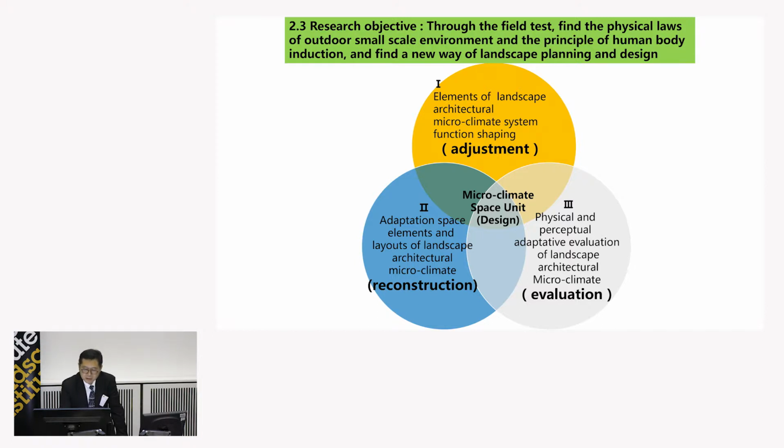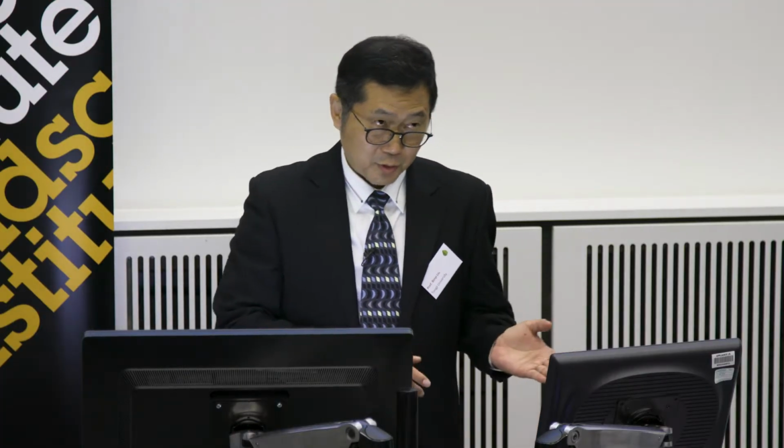And there are 3 parts. The first part is the identification of elements of landscape architecture and the microclimate system function shaping. The second part is reconstruction using the design way, adapting space elements and the layouts of landscape architecture microclimate, just like the example I showed you in the residential area in Shanghai.